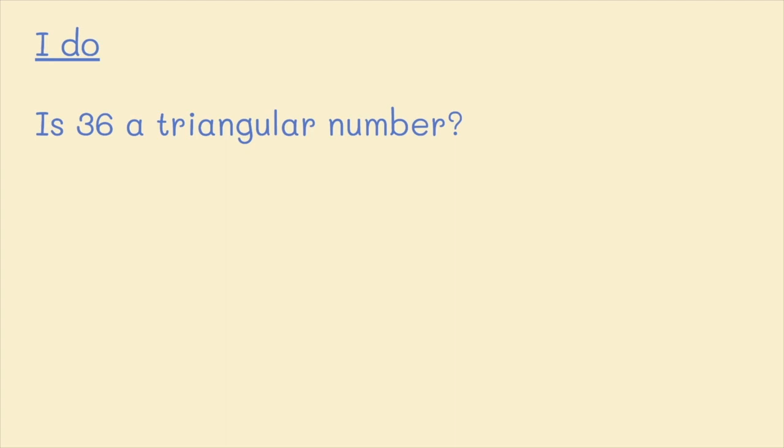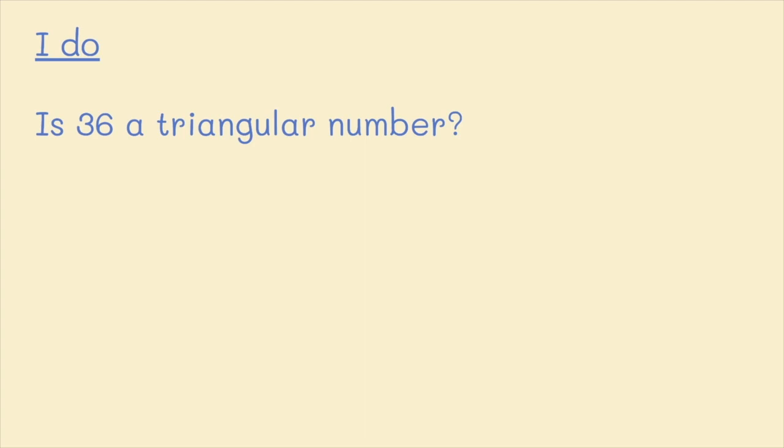Is 36 a triangular number? Well, we would need to check our list of triangular numbers, I would say, and see if we can draw an equilateral triangle with 36 dots and see if it would fit into our sum.